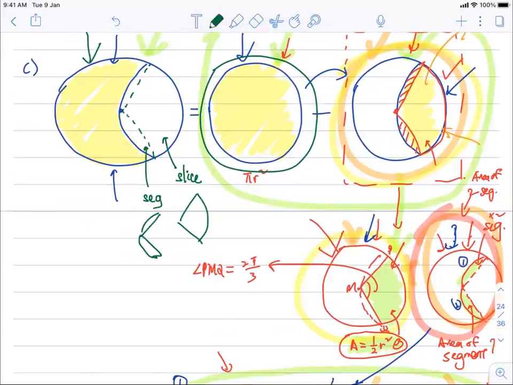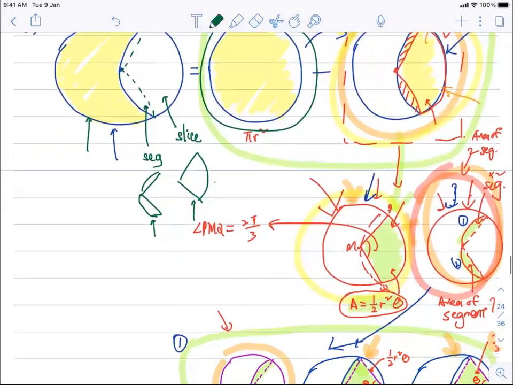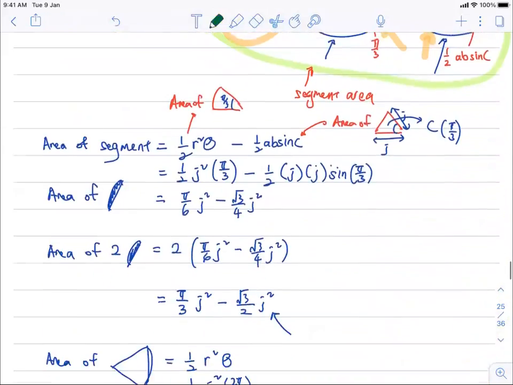Then I find the area of this thing and this thing separately. After I find the area of the slice and the area of the segment, I add them up and I will get back this area. So I will be able to find the answer for the area of the shaded region.